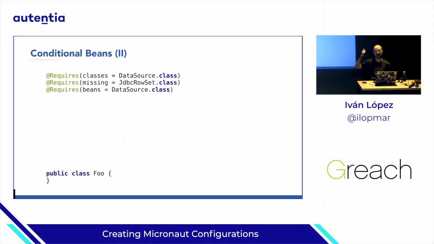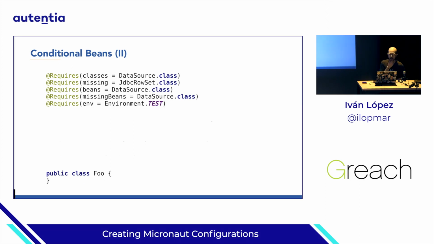The first one is just a Java class, and a bean is a Micronaut bean, right? The type and the full package name are the same when you create a bean out of a class, but one thing is a Micronaut bean and the other thing is just the class. You can say the same: when this bean is missing, I will create it. For example, you can say, if the environment is test, I create the bean. This is useful when you only want to create some beans for test. Or if the environment is not test, then I use it.